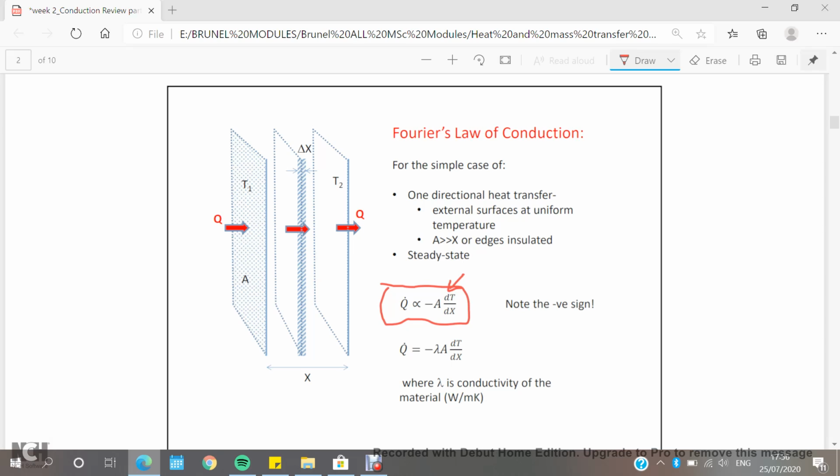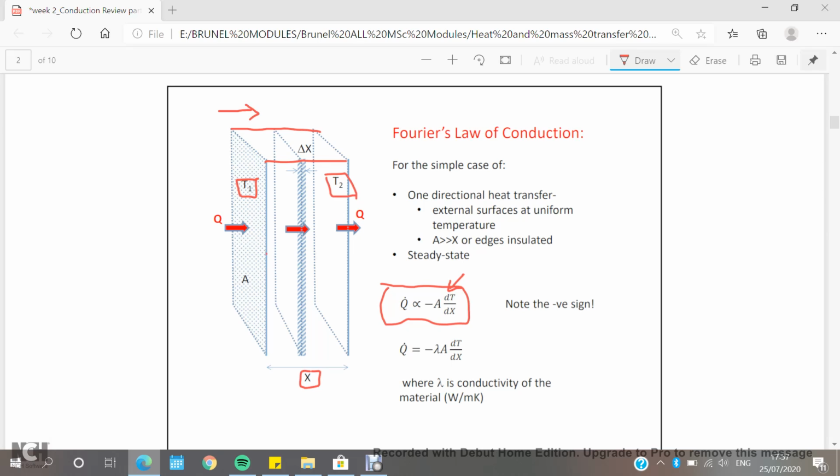If we have a solid material with a thickness delta x, and this area is exposed to a heat source, the heat transfer will be from this surface to this surface by conduction, in this direction, which means the temperature T1 is much higher than T2, because heat transfer must be from high to low temperature.